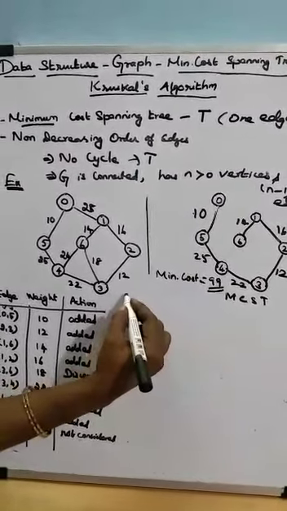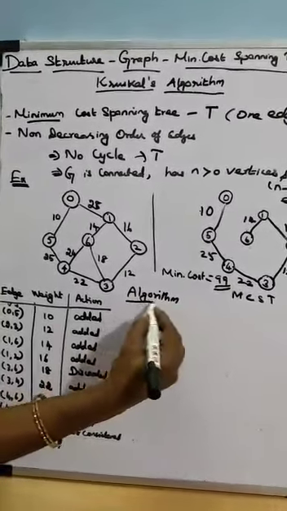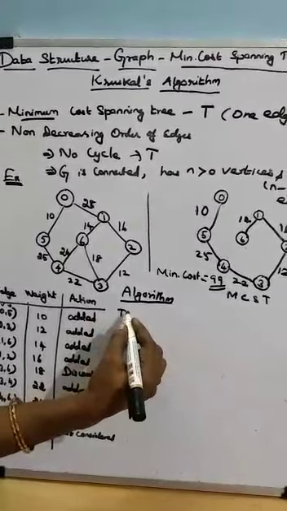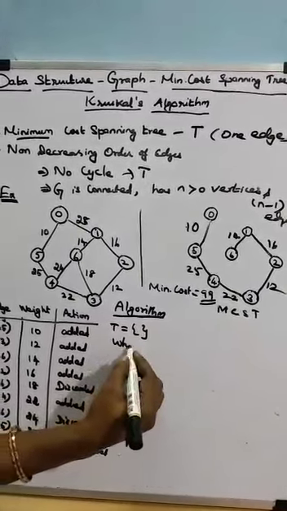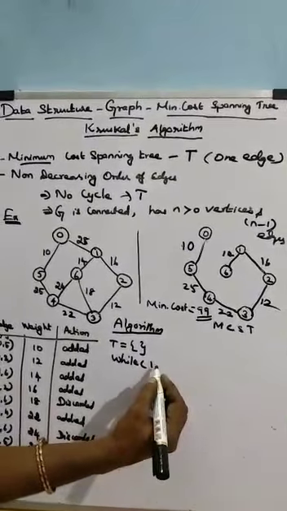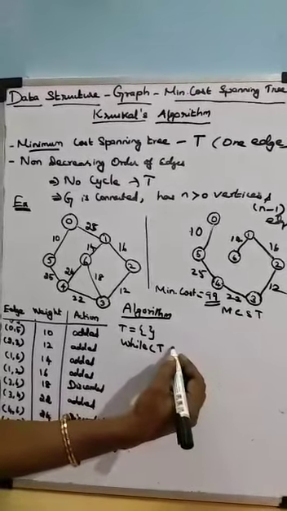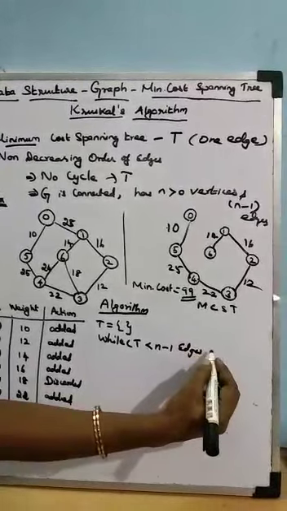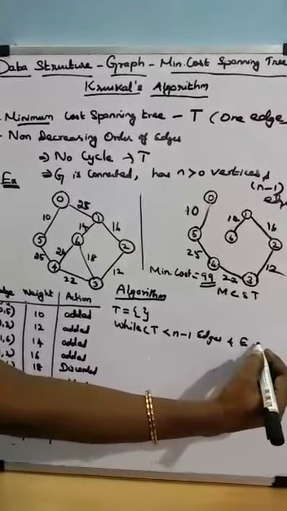Now we will see its algorithm. Initially, our minimum cost spanning tree is empty. First, we have to check the condition: the minimum cost tree has less than n minus 1 edges and the edge set is not empty.